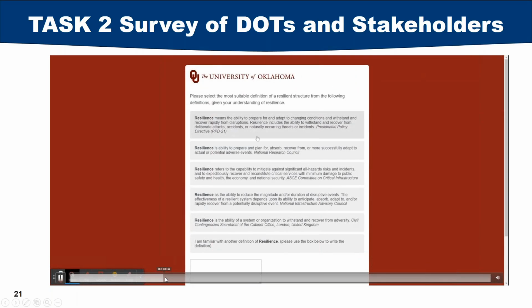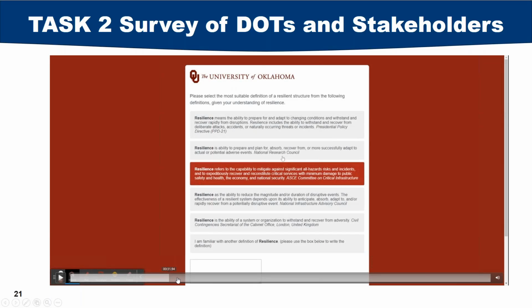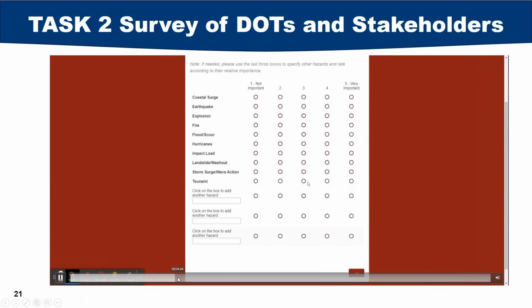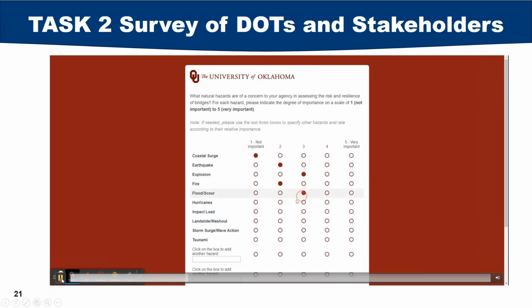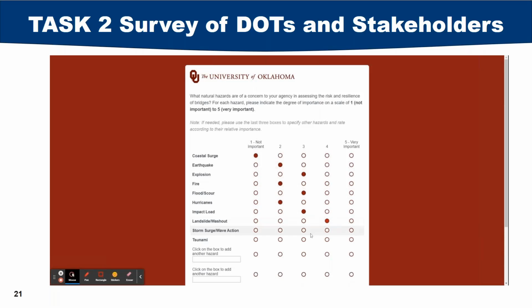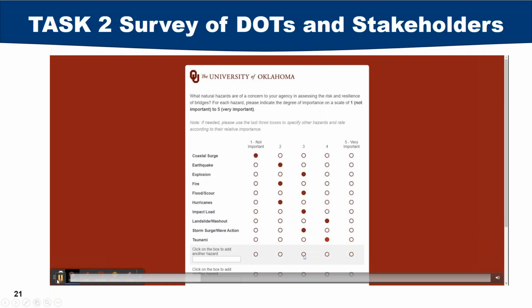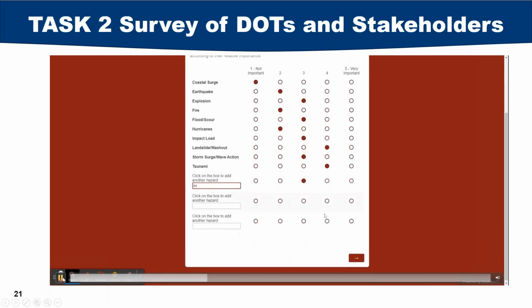The person responding to the survey could rate, and again we have given them a range, whether it is important, from not important to very important on the scale.